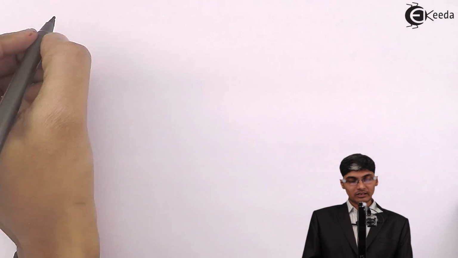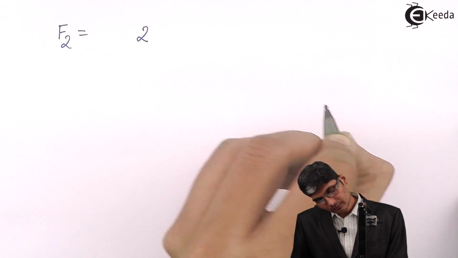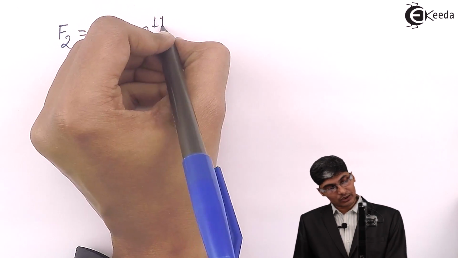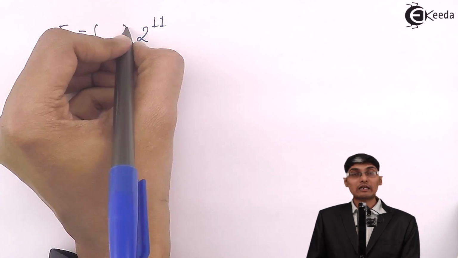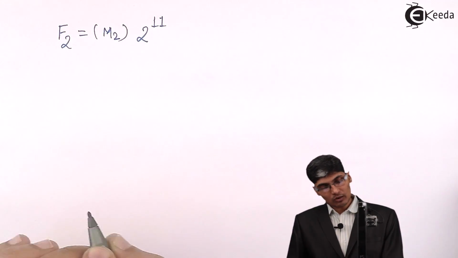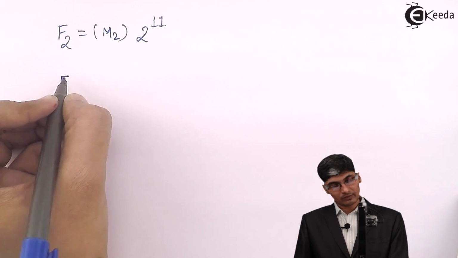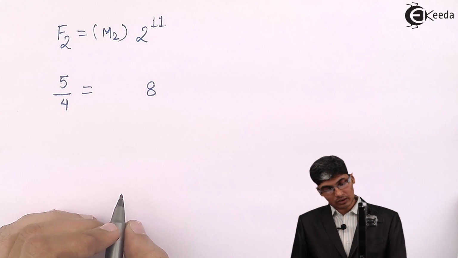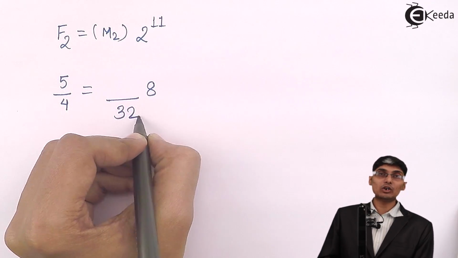Let us adjust f2. For f2, my c2, I'm changing it to 1, 1, which is 8. And what will be my m2? I don't know yet. m2 has to change. The resultant number I required is 5 by 4, right? So I got 8 over here, and I want the denominator to be 4.